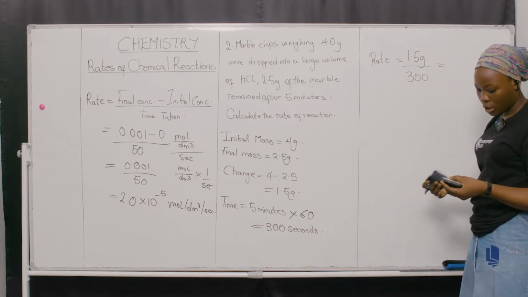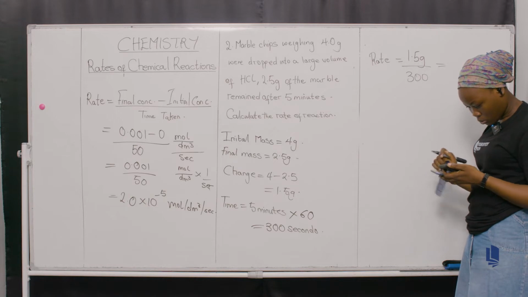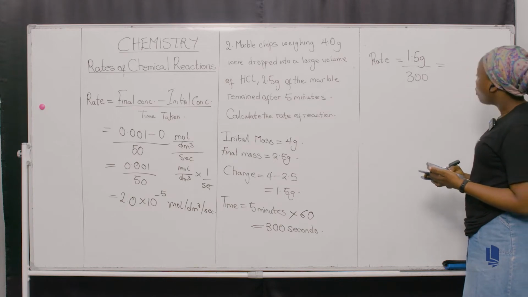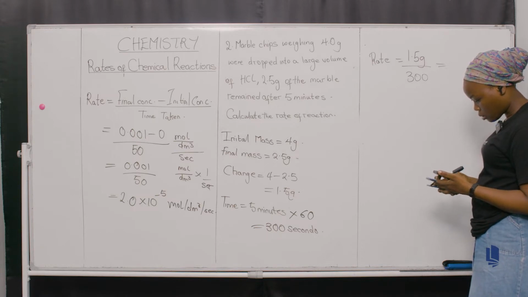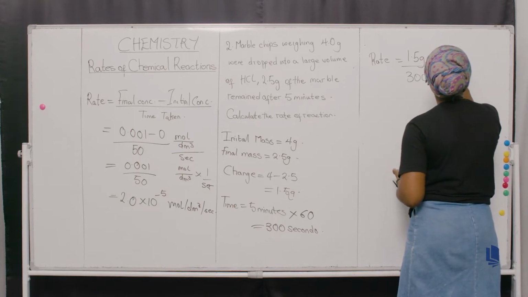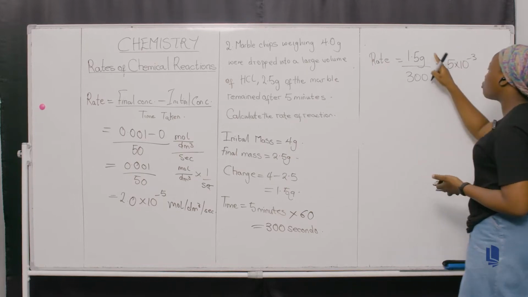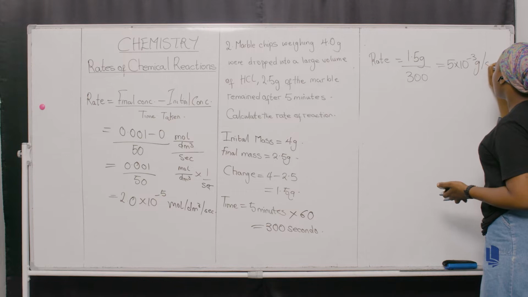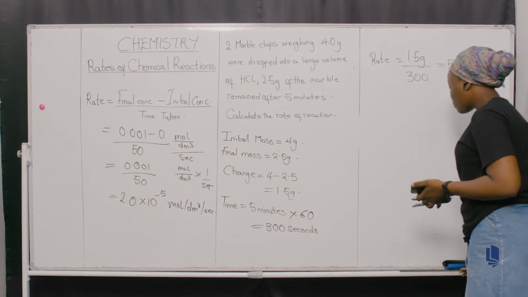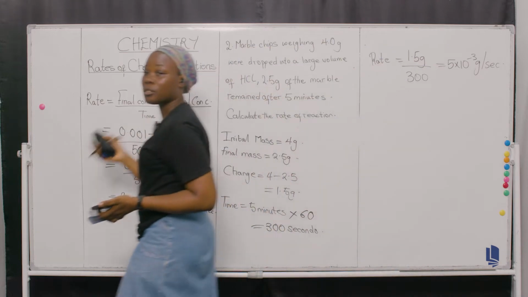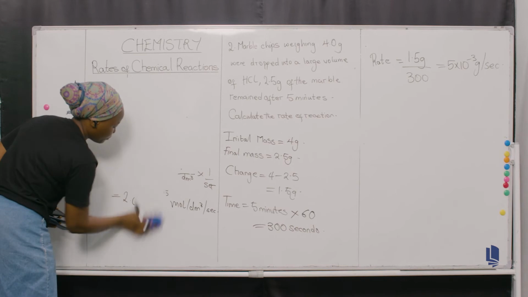So let's punch this. 1.5 divided by 300, and that is 5 times 10 raised to power minus 3. The unit will be gram over seconds. I'm sure we are good with that. Now, can I clean this first part? Yeah. Okay.